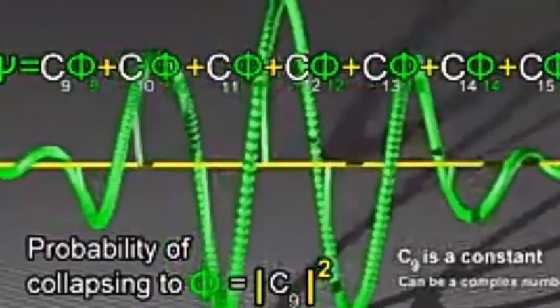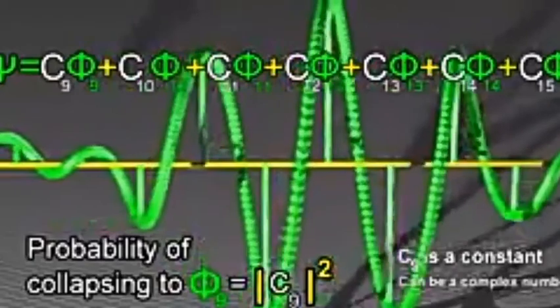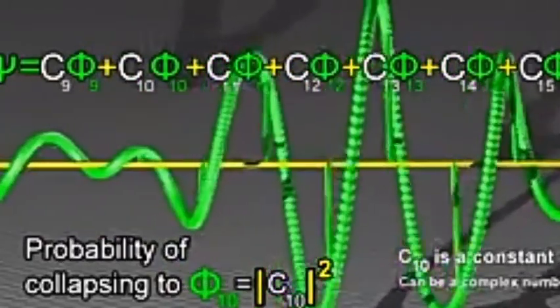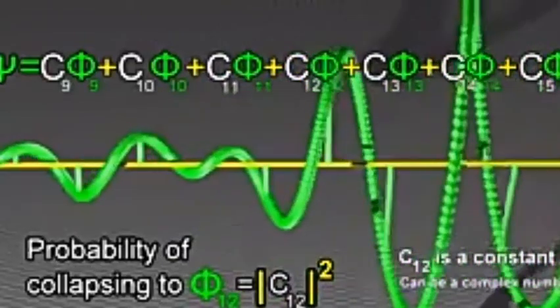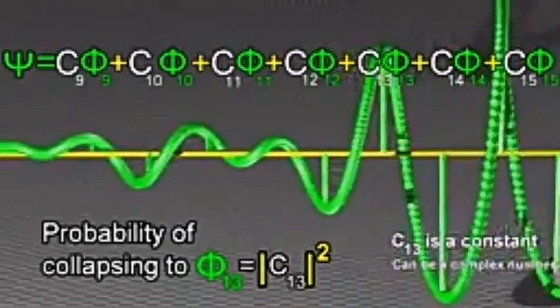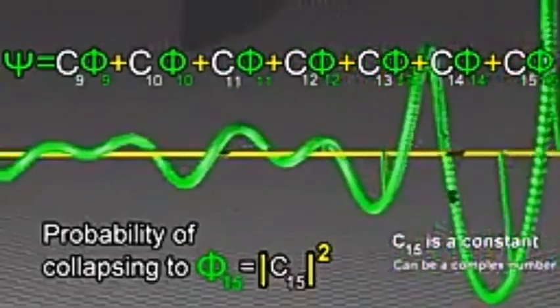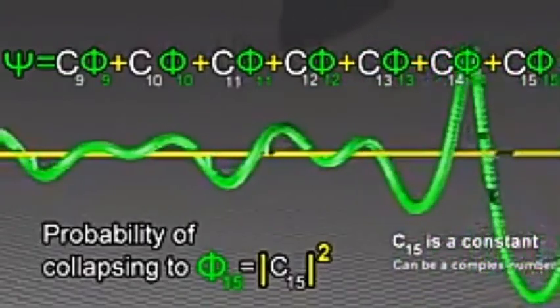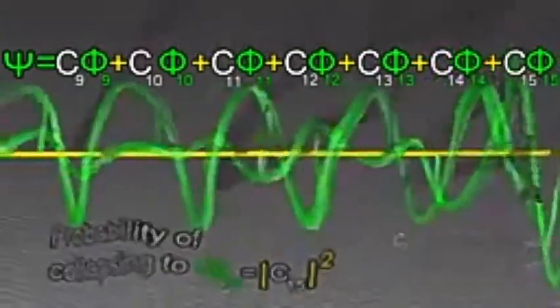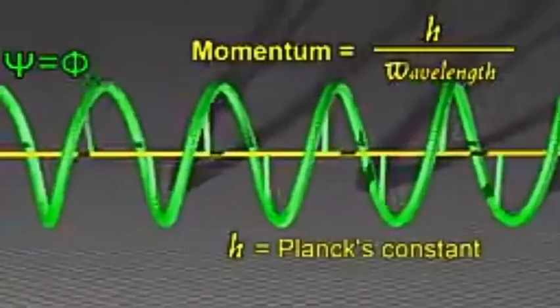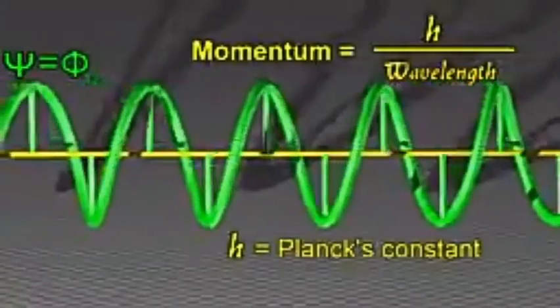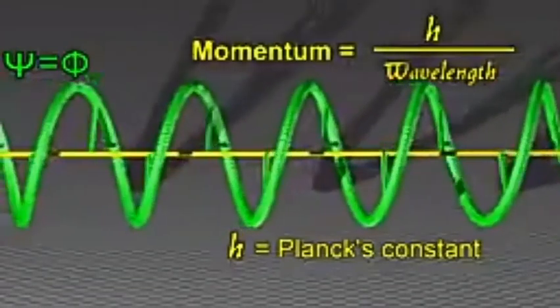The probability of collapsing to phi 9 is equal to mod of C9 square, and the probability of collapsing to phi 11 is equal to mod of C12 square. The constants can be complex numbers. Momentum is equal to h upon wavelength, where h is the Planck constant.